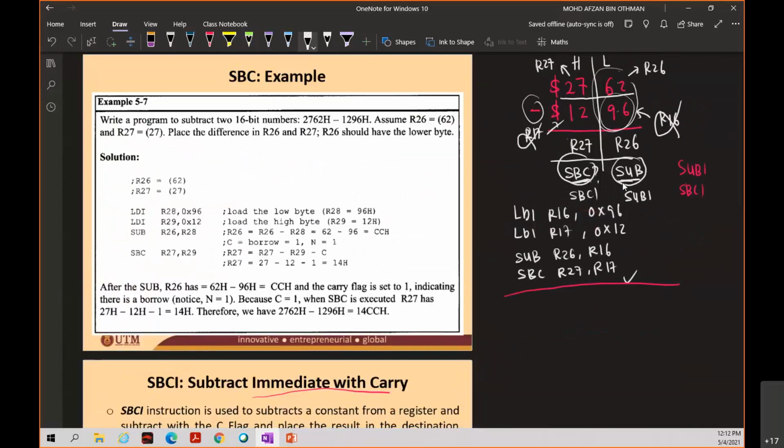So you simply write SUBI R26, 96, and SBCI R27, 12. Now you have reduced this program from 4 lines of instruction to 2 lines only.